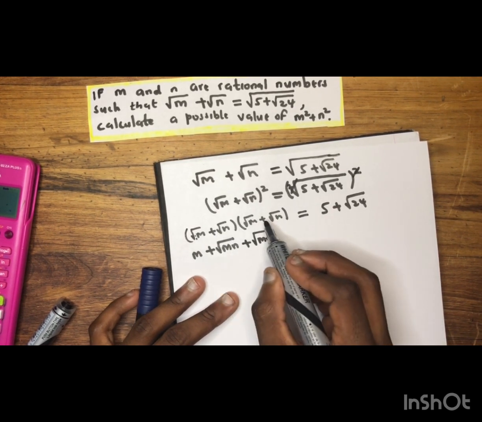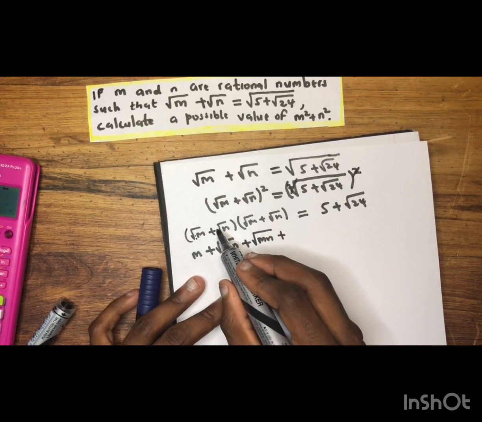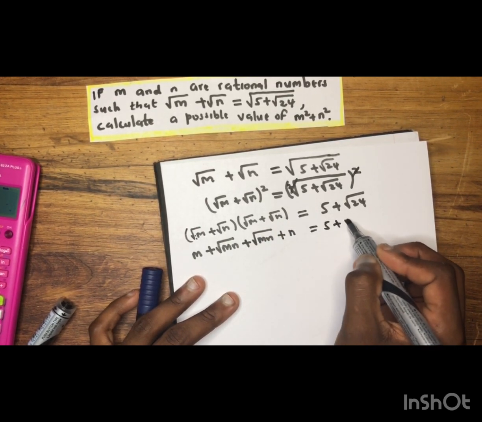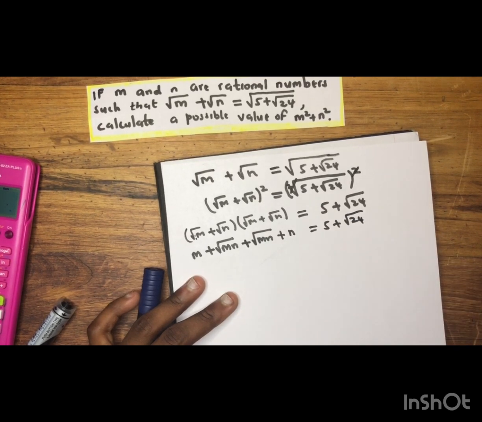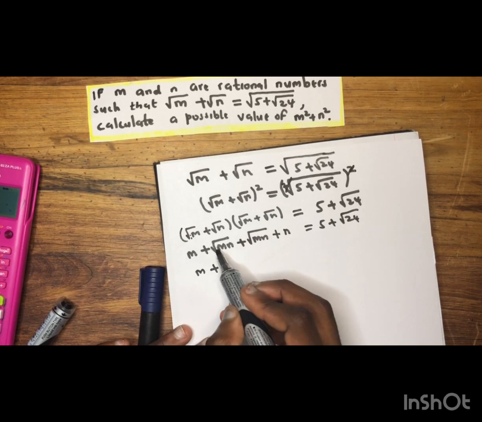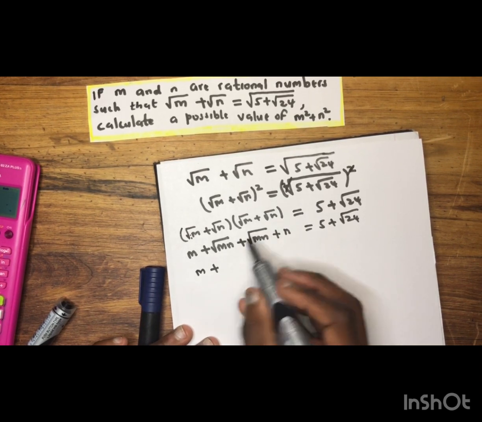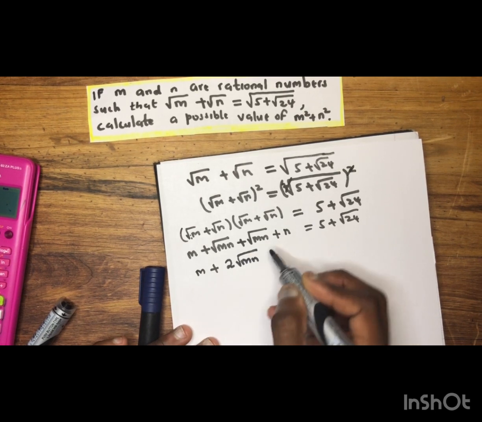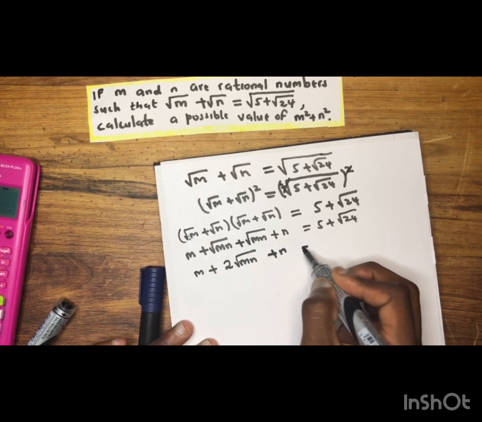So positive times a positive, it's a positive. Root n times root n, it's n again. So it's 5 plus root 24. Okay, so now we drop m. So root mn plus root mn, you get, guys, 2 root mn plus n.